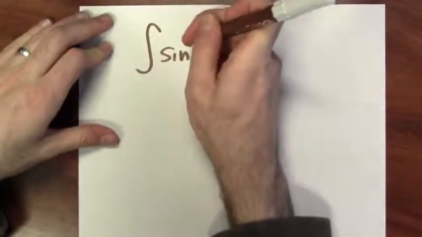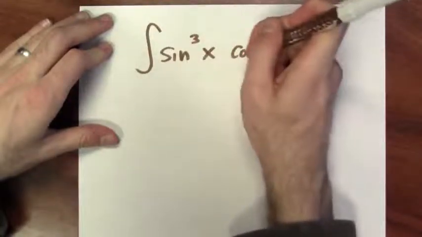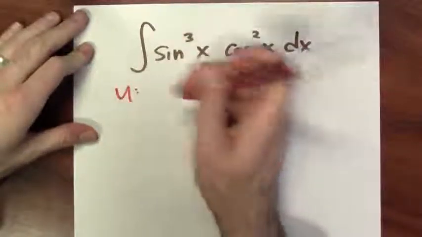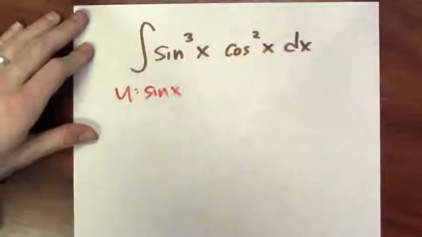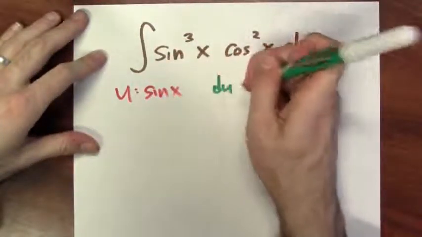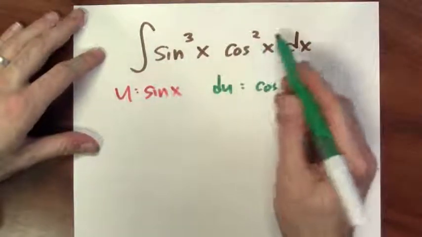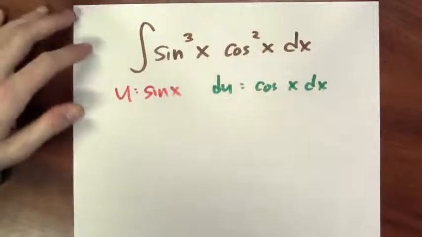For example, let's try to antidifferentiate sine cubed of x times cosine squared of x dx. Our first inclination might be to try to make a substitution. But rats, if u were sine x, then du would be cosine x dx, but I've got a cosine squared term there that I have to deal with.